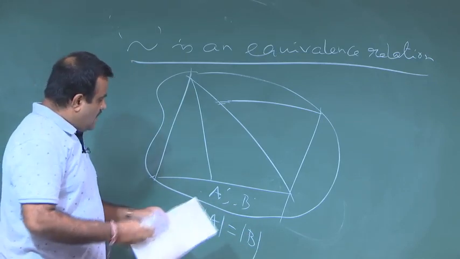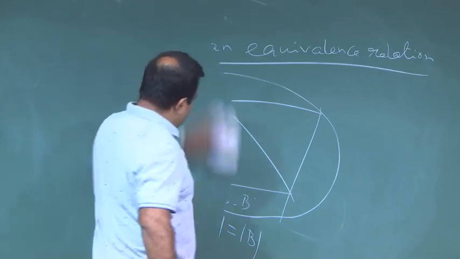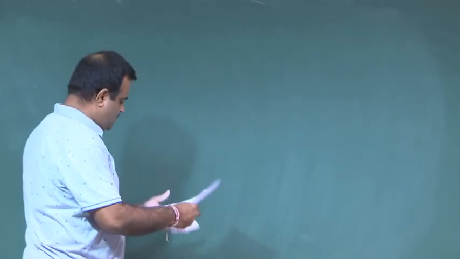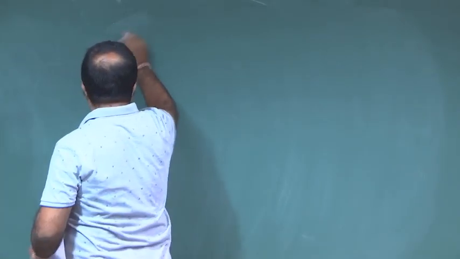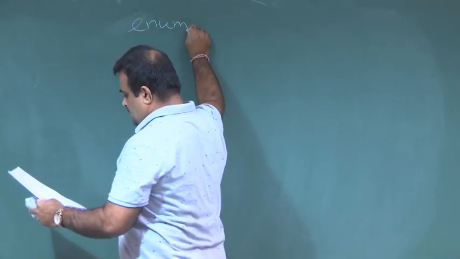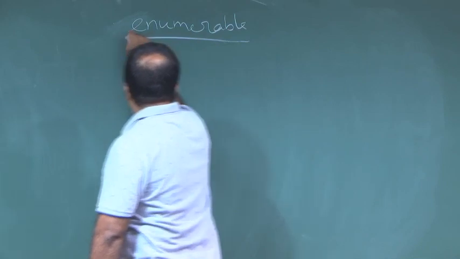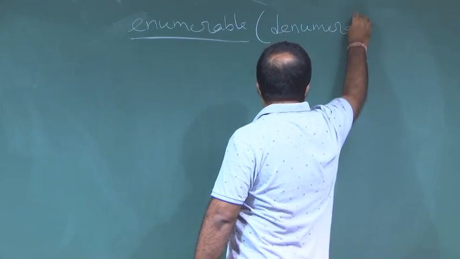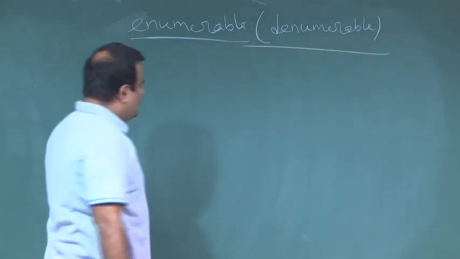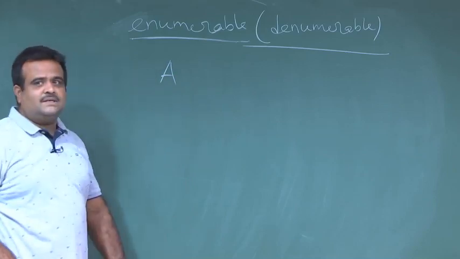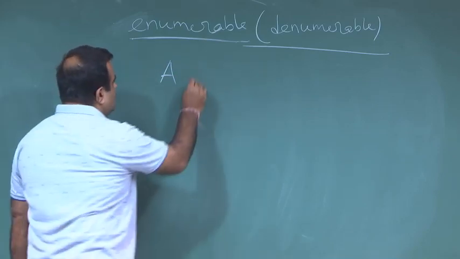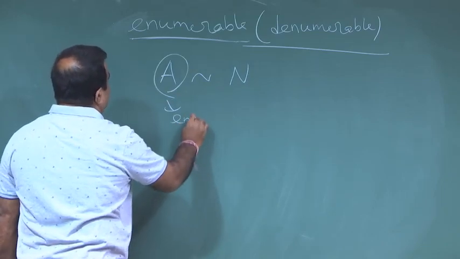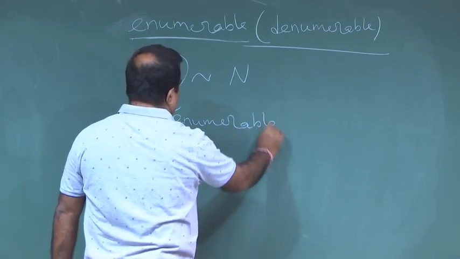Now, we define an enumerable set, also called denumerable. A set A will be called enumerable if it is equipotent with the set of natural numbers.